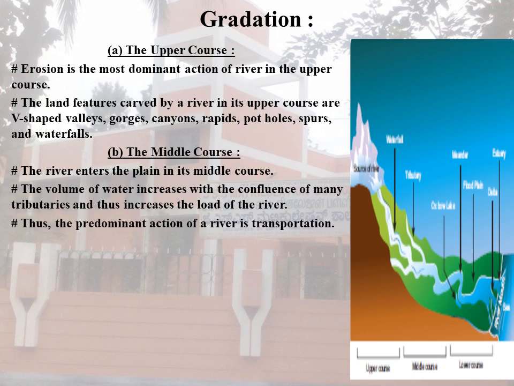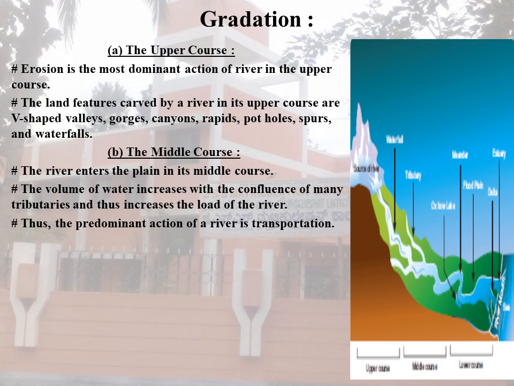Thus, the predominant action of the river is transportation. The picture is on the right side of the slide, and on page 169 there are detailed explanations of the upper course, middle course, and the lower course.